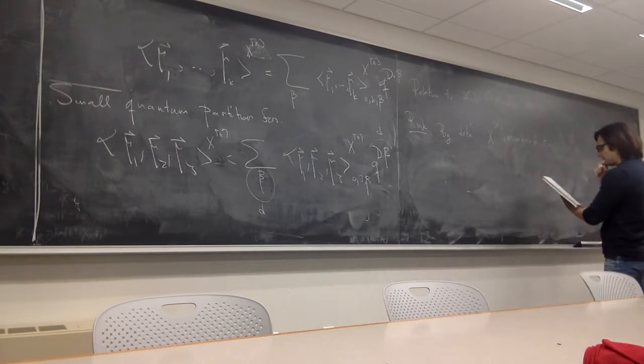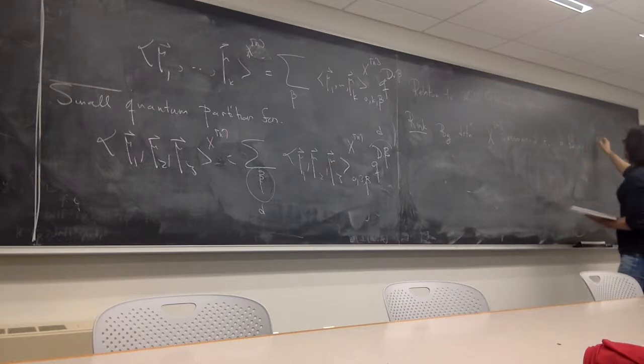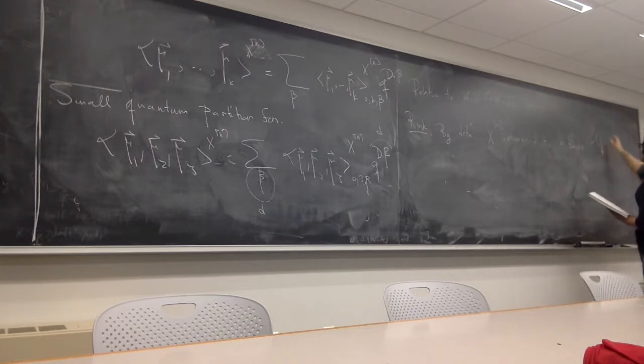Xn is the moduli space associated to a functor, which we called Hilb n of X. It was the moduli functor which takes us from the category of schemes over, in our case, complex numbers, to sets.